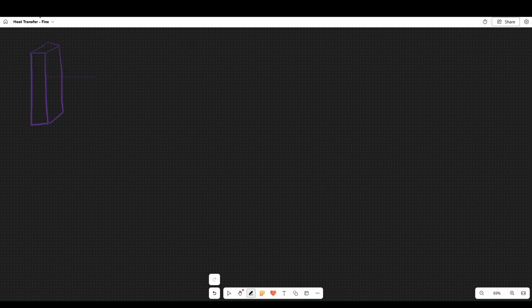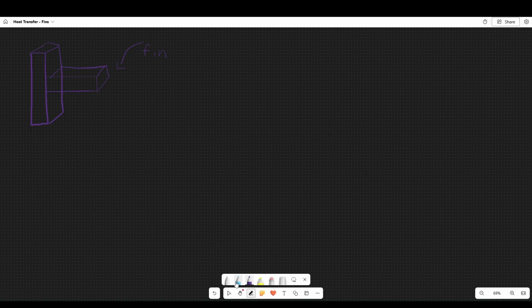So to draw what a fin would look like, let's say that we have a block right here, and we have this protrusion coming out of it, and this would be a fin.